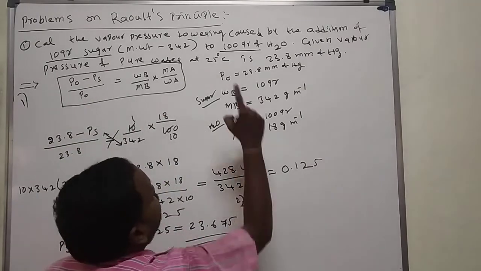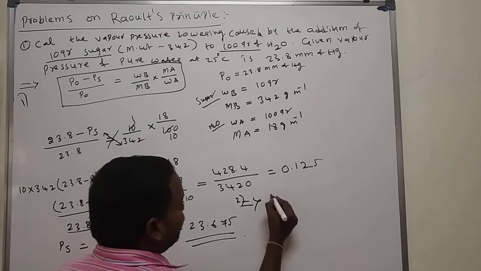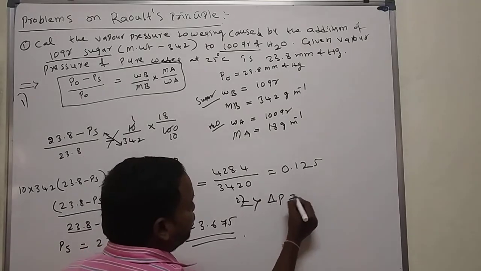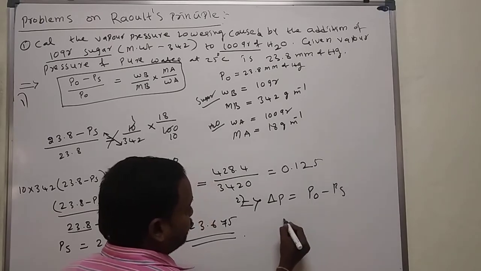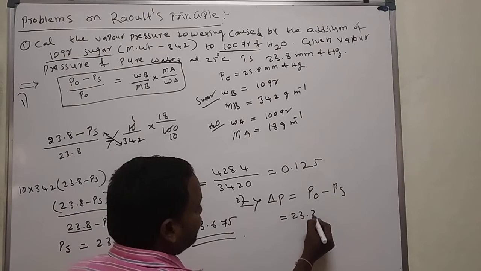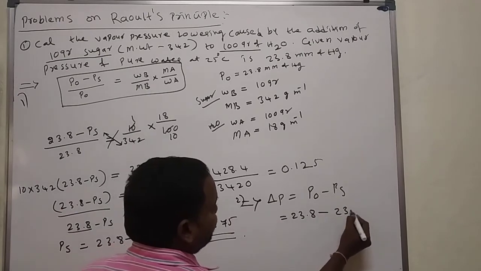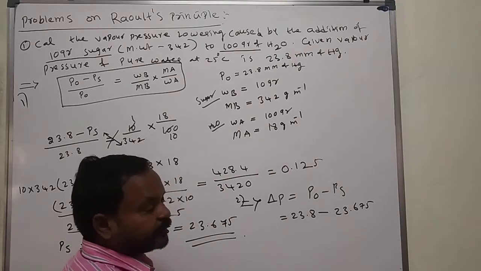Step 2. What did they ask? Lowering of vapor pressure. Lowering of vapor pressure means delta P is equal to P naught minus Ps. P naught is 23.8 minus 23.675.